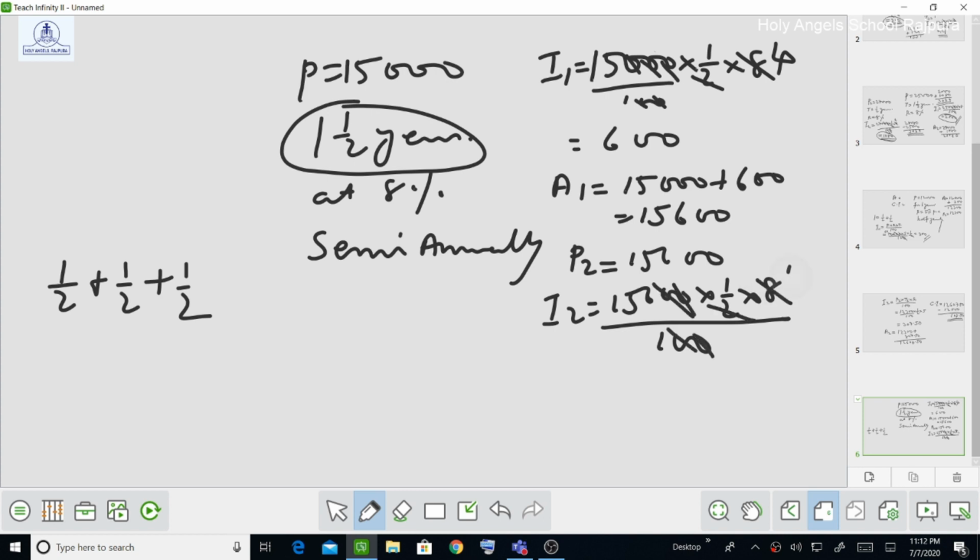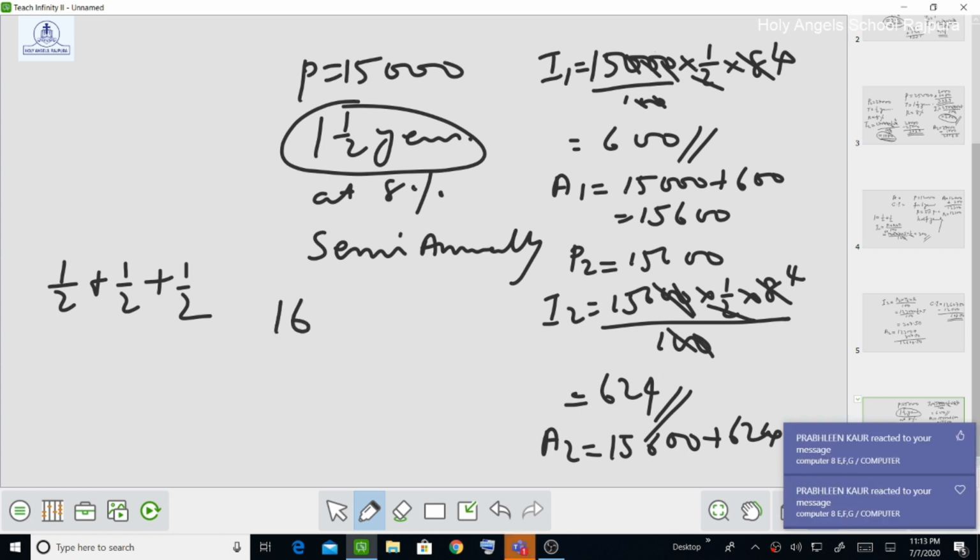This is 4 into 156, which is equal to 624. Now the next is A2. A2 is equal to 15,600 plus 624, that is 16,224.